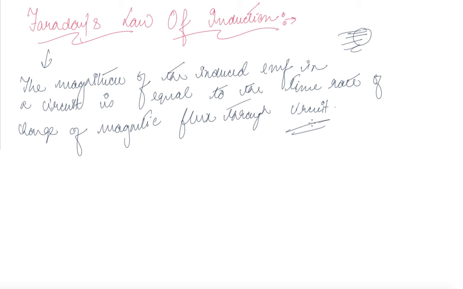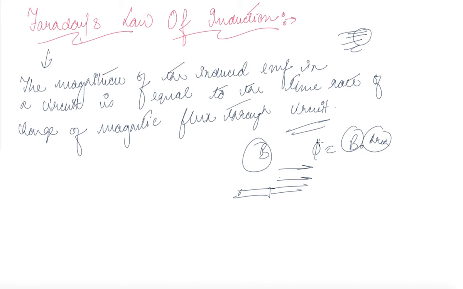Now let's understand this physically. Say suppose you have a magnet which is emitting your magnetic field. This is a magnetic field B. Say. So now flux is given as magnetic field into area.